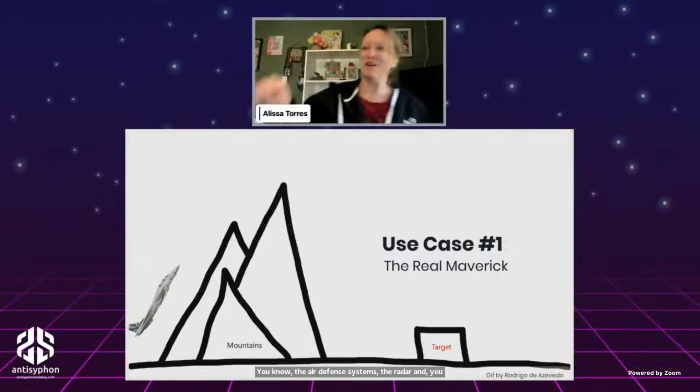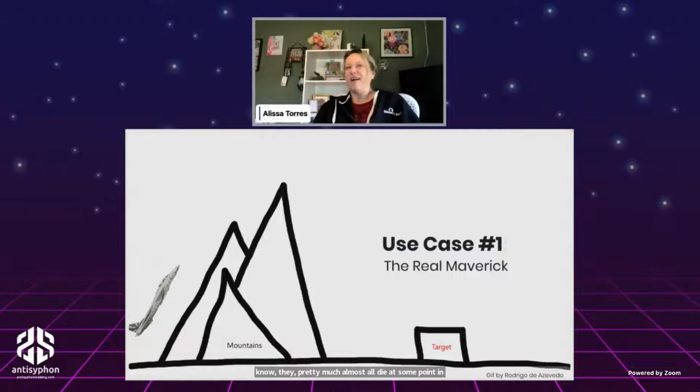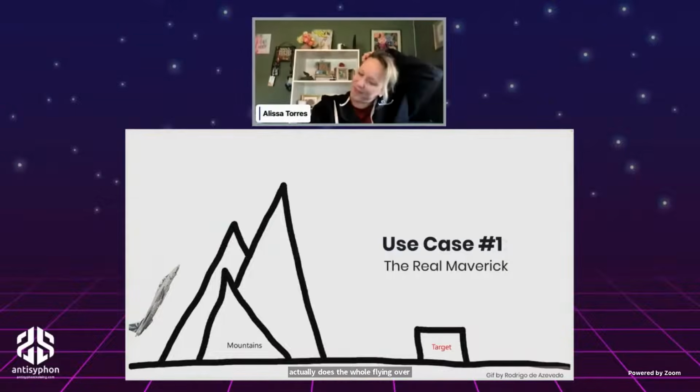I love this GIF. You got to look it up. There. I love this because when animated, it actually does the whole flying over. I don't think anything is dropped, but you get the idea with this F-18.